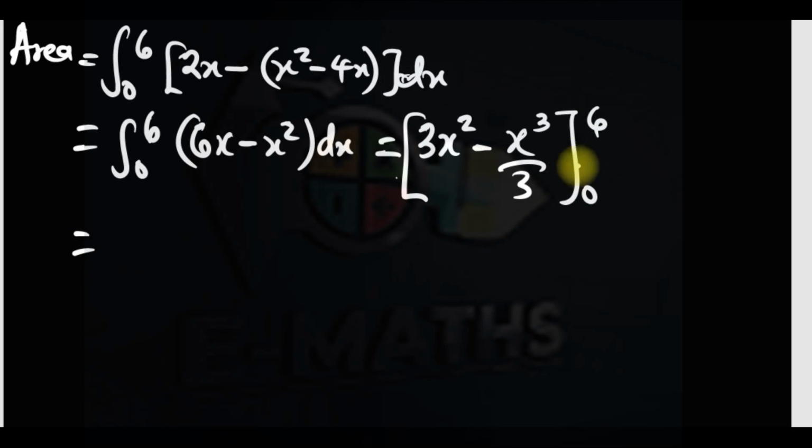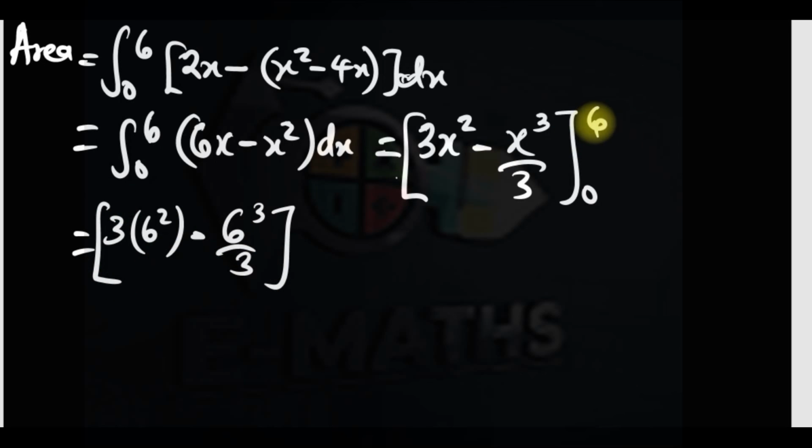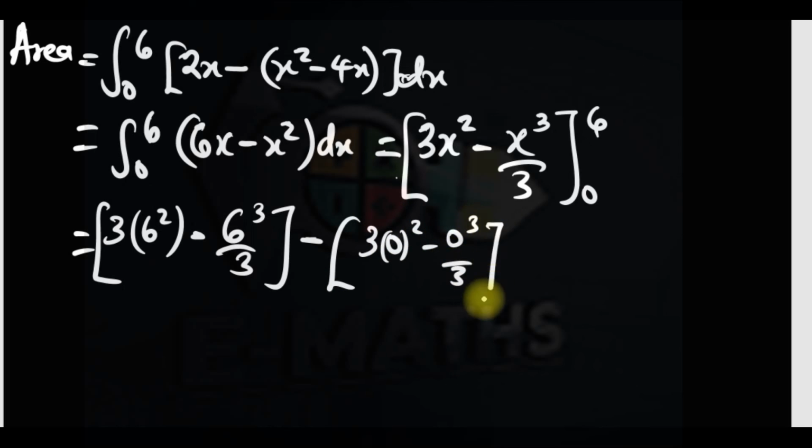So we substitute the upper value and subtract the lower value. So we have 3 times 6 squared minus 6 cubed over 3, minus, you substitute 0, and you know this is 0. So that's the answer.